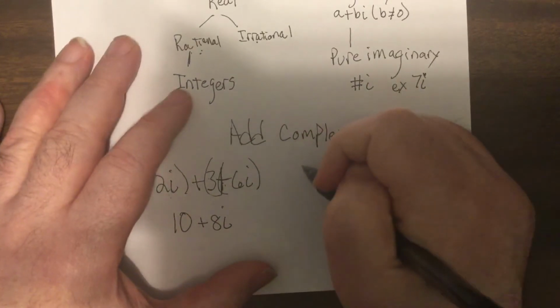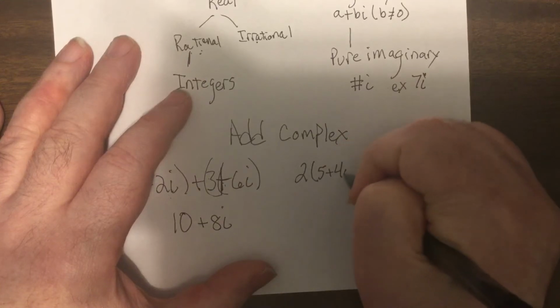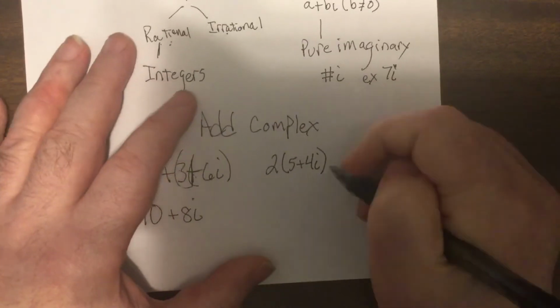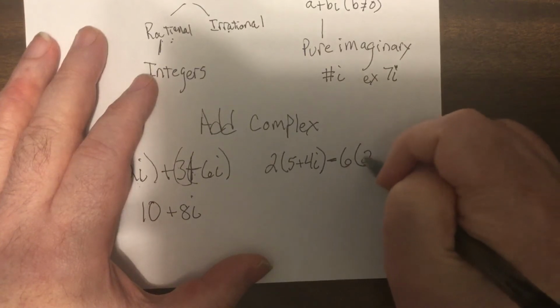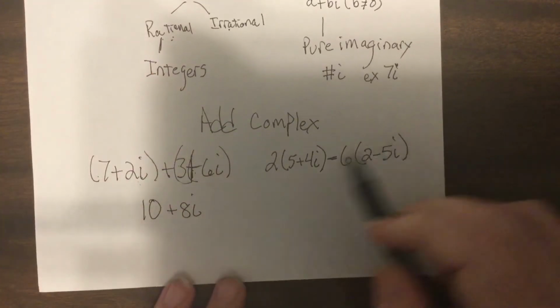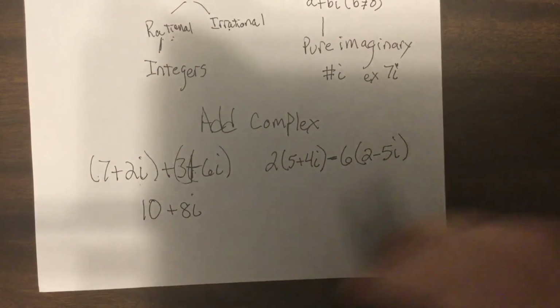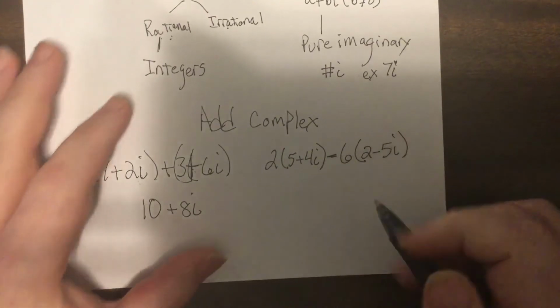So if I said 2 times 5 plus 4i minus 6 times 2 minus 5i. Well, again, you can think of it like an x. It's not a variable. It doesn't change. It's a square root of -1, but you can think of it that way.